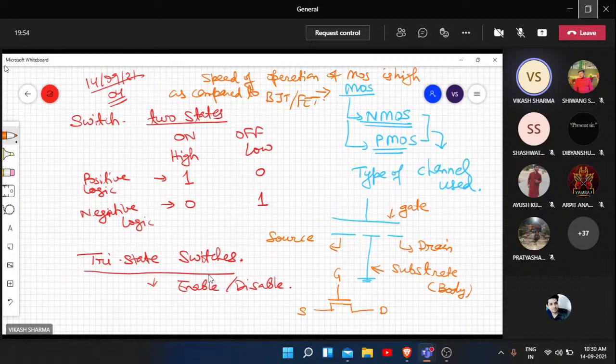MOS is preferred because of the high speed of operation, because of the better gain bandwidth product, and because of its high input impedance and low output impedance. These are the reasons for which a MOS is preferred.